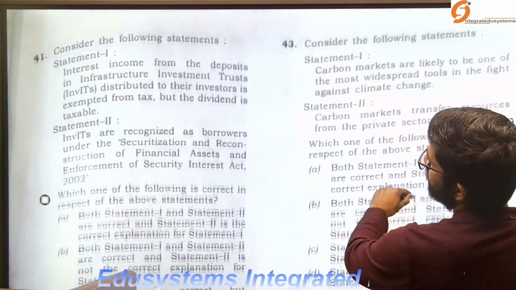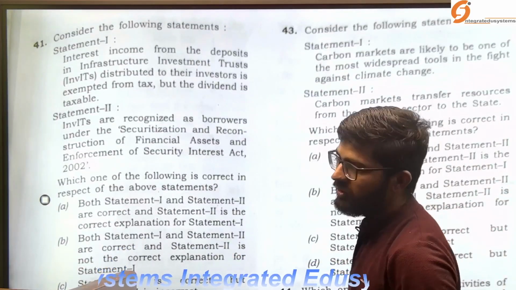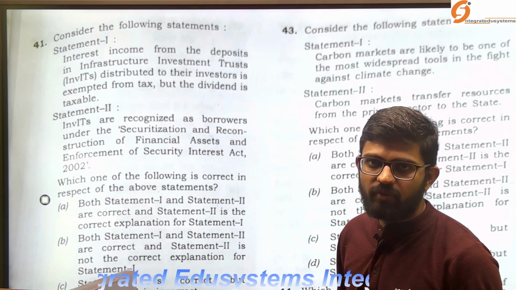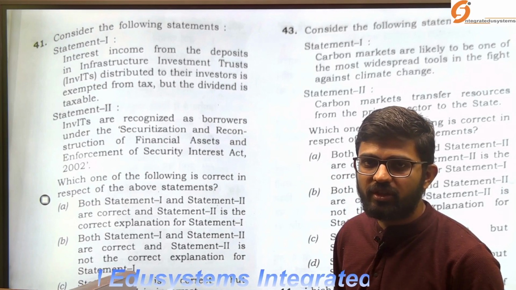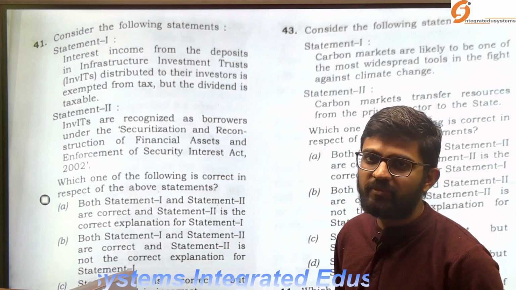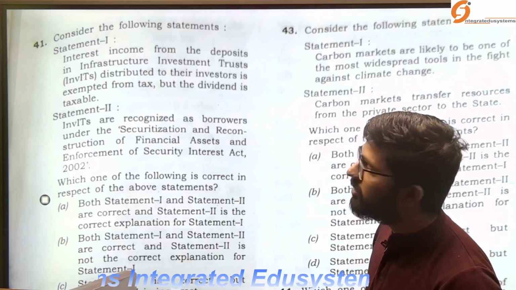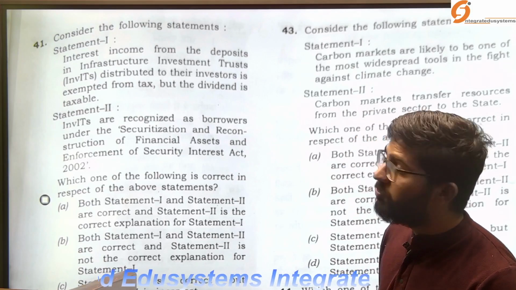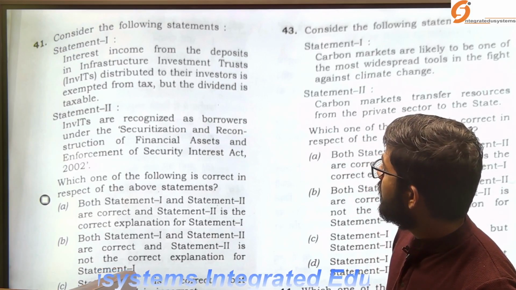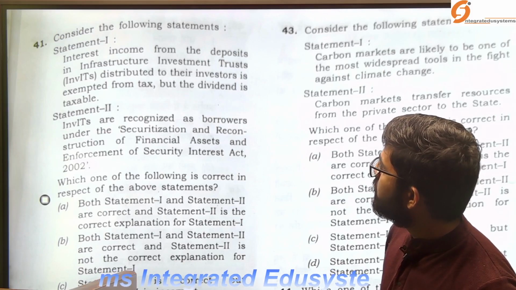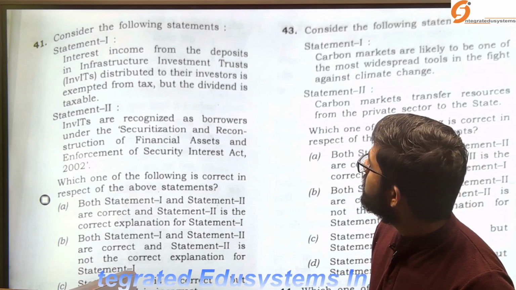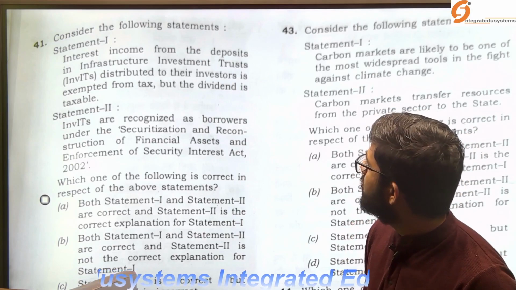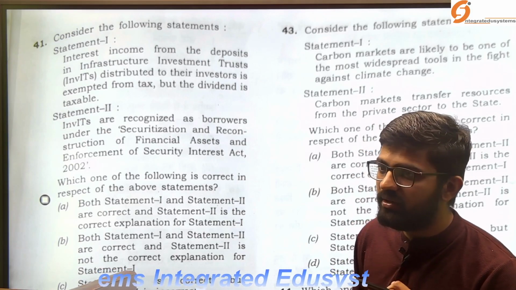Next question. This time, questions from economics were fewer, but the question that was asked was of good depth. Consider the following statements. Statement 1: Interest income from deposits in an Infrastructure Investment Trust distributed to the investor is exempted from tax, but the dividend is taxable.